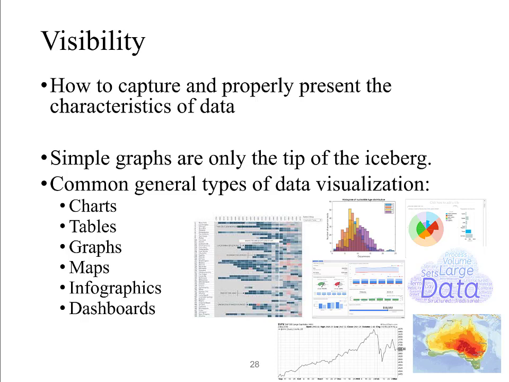So there are many different types of data visualizations, and they are serving different purposes. For example, a line chart would be good to represent the trend of the data, and histograms on the other hand shows the distribution of the data.